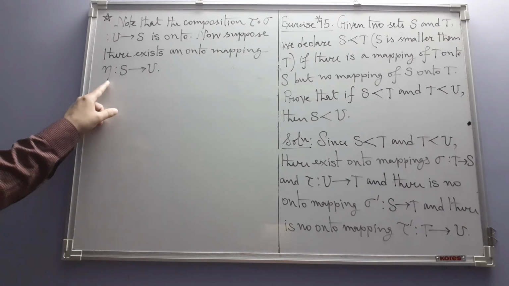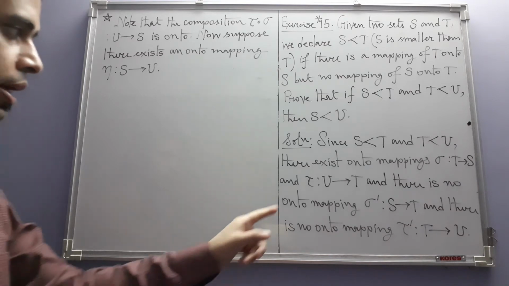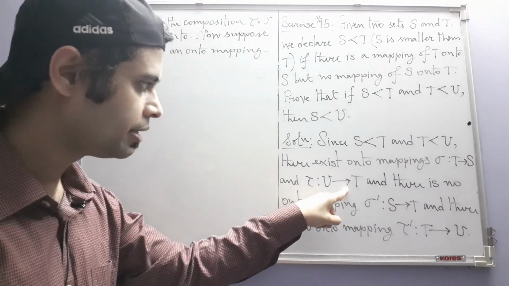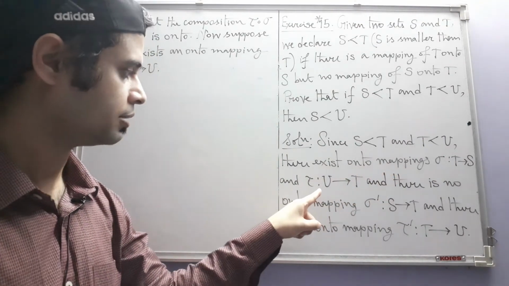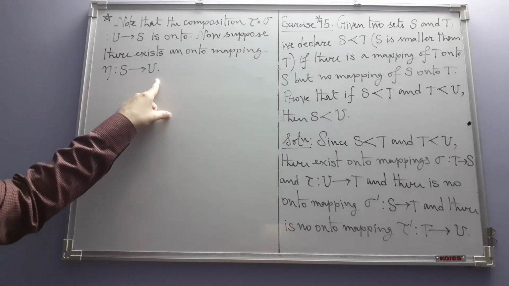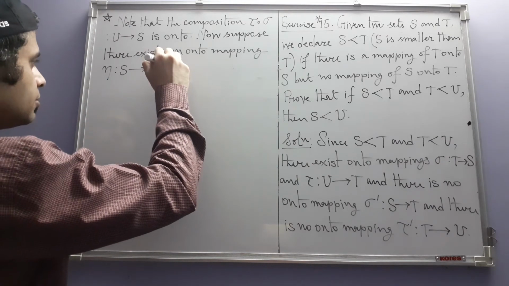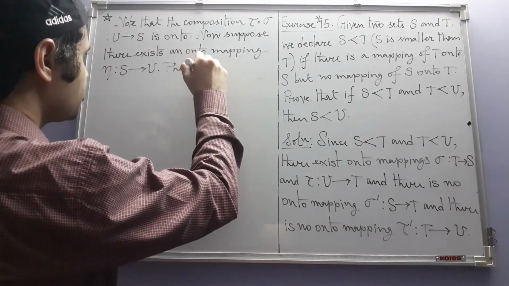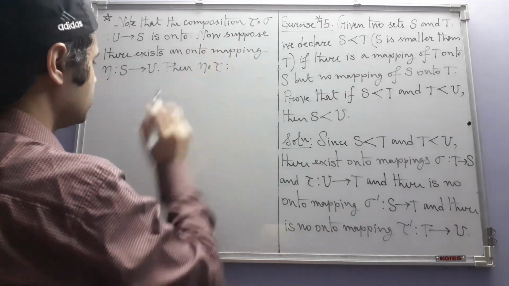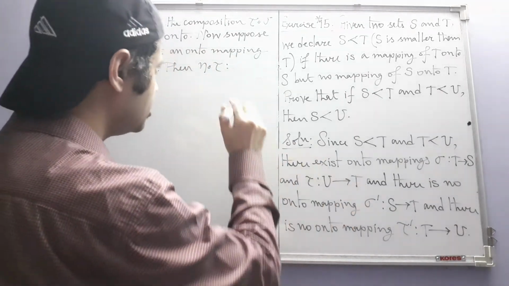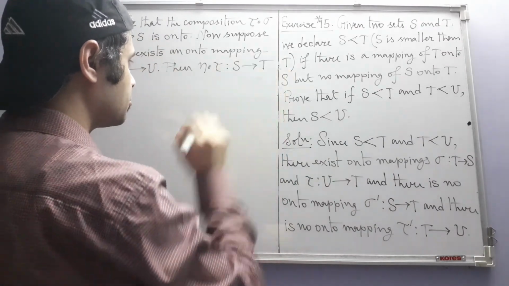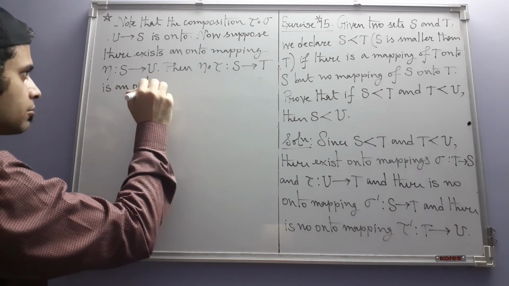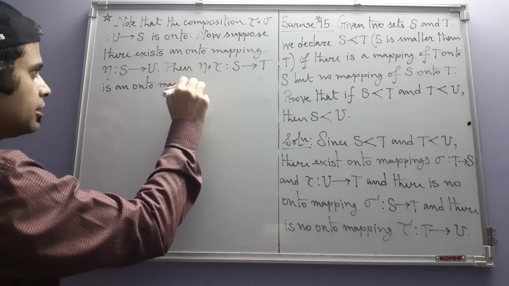Okay. Now eta takes me from S to U and tau takes me from U to T. Note that tau is already onto, and according to our supposition eta is also onto. Then eta composition tau, which takes us from S to T, is an onto mapping because both eta and tau are onto.